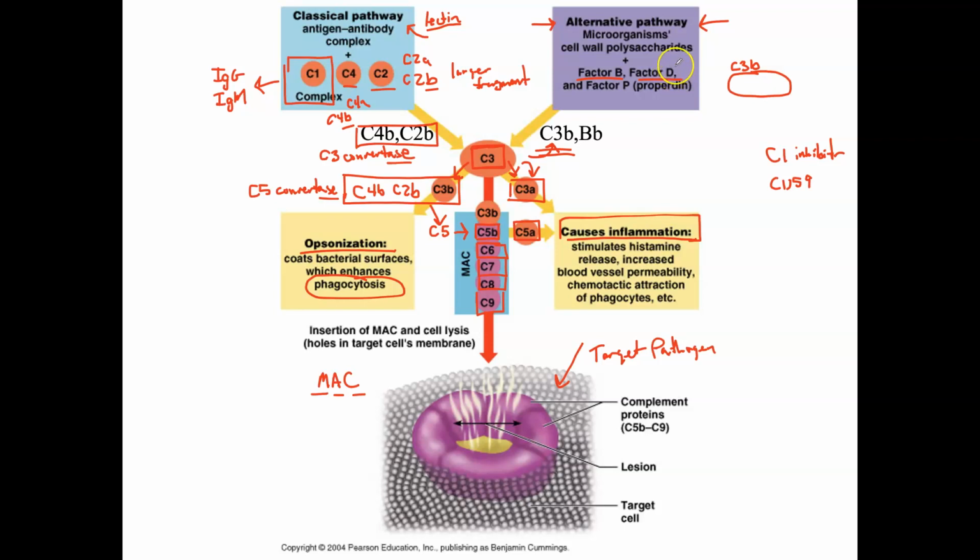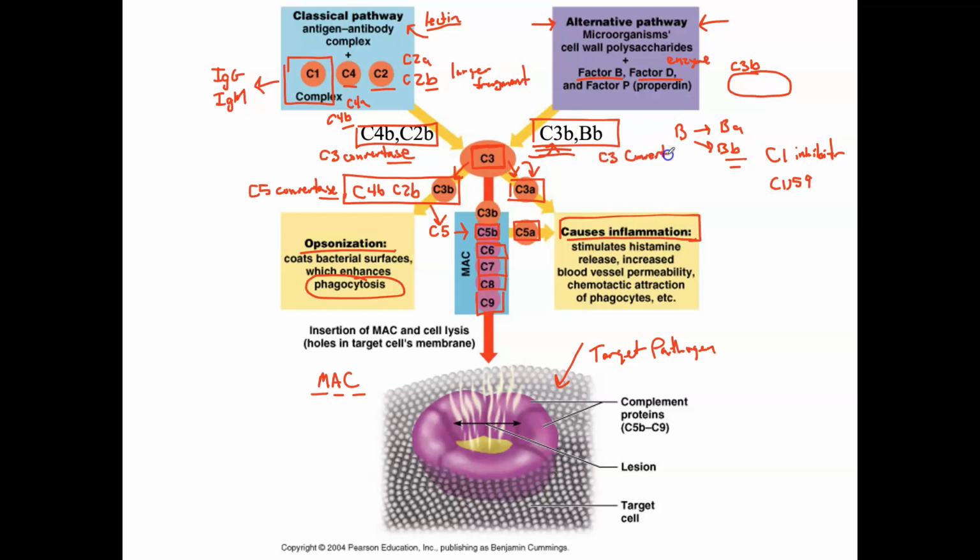So factor D is an enzyme, a protease, that's going to activate the B protein, and so B is going to split into Ba and Bb, with the lowercase b, again, meaning that it's the larger fragment. The combination of C3b and the larger B fragment is what makes the alternative version of C3 convertase.